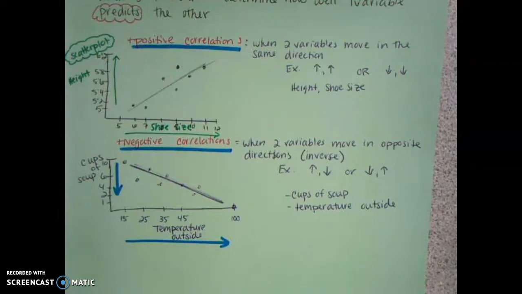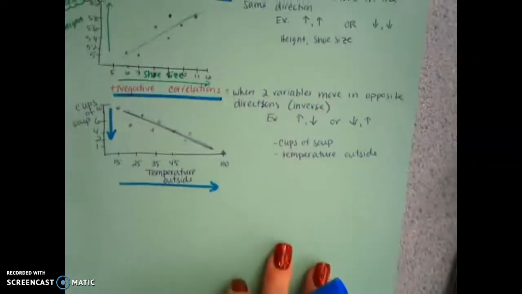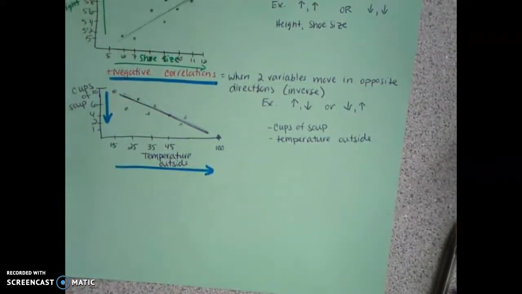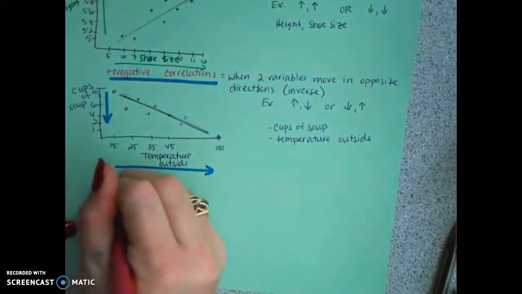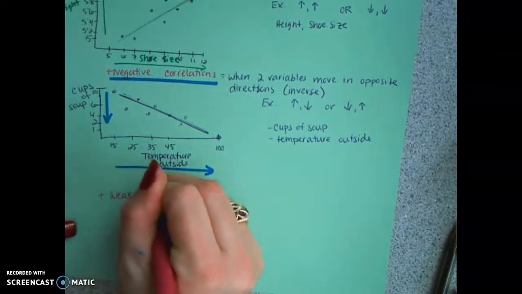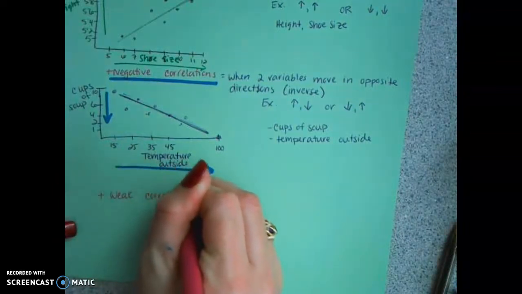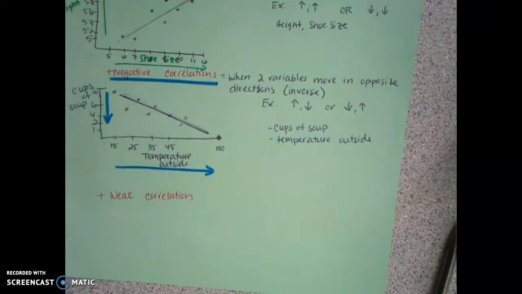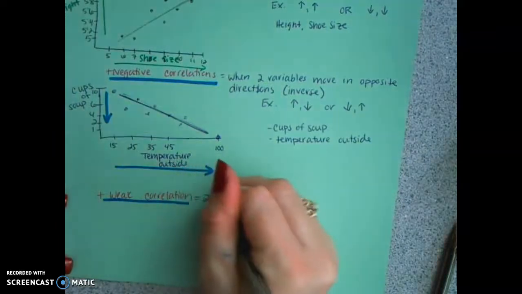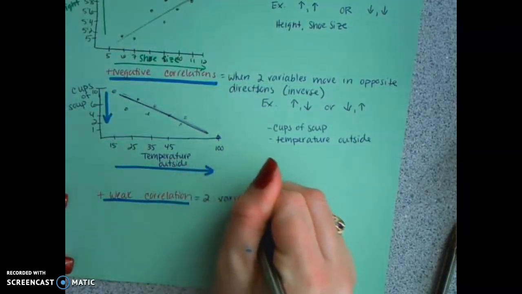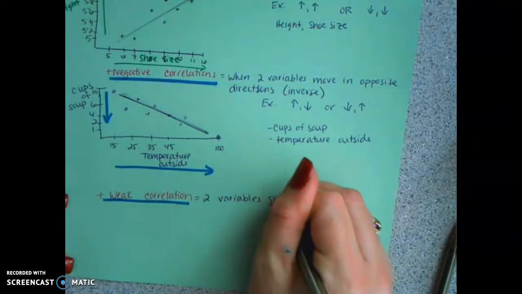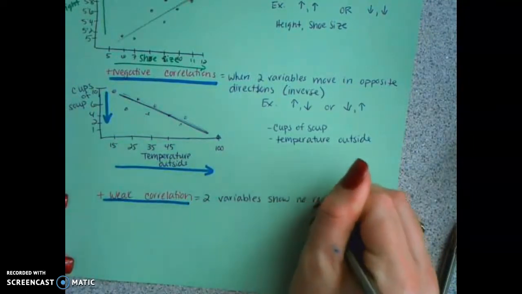Okay. And the last one to talk about, we said there's positive, there was negative. The last one is this idea of a weak correlation. So when we talk about a weak correlation, that is when the two variables show no relationship to each other.